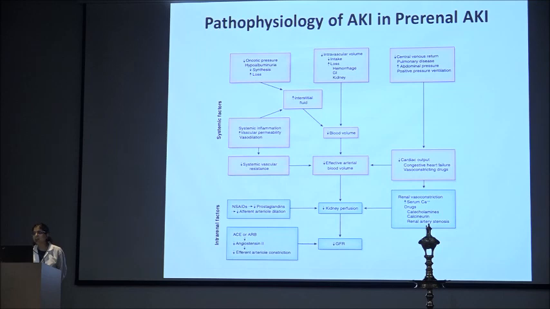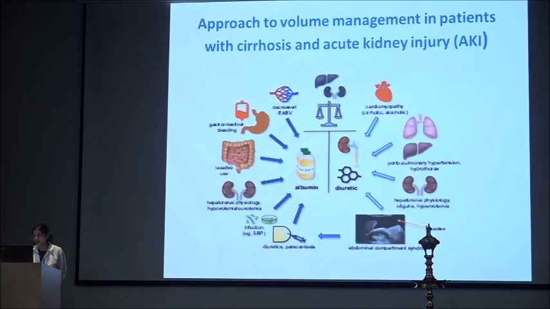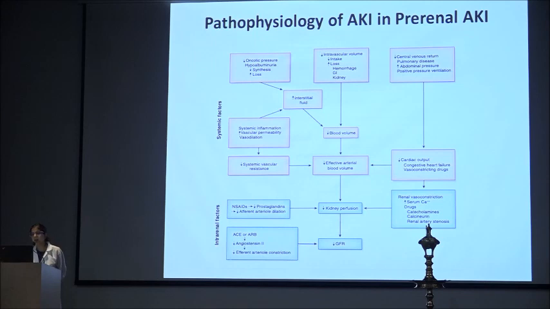hypoalbuminemia, there is an increase in the interstitial fluid, and due to decreased intake, or loss in the form of hemorrhage or GI bleed, or a decrease in the central venous return in pulmonary diseases and increased abdominal pressure, all these things lead to a decrease in the blood volume, which further decreases the effective arterial blood volume.